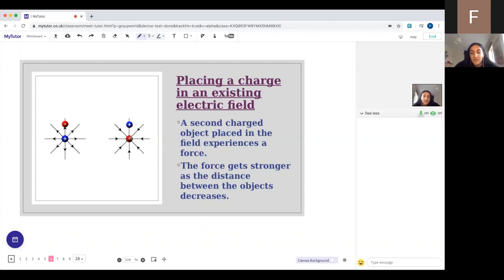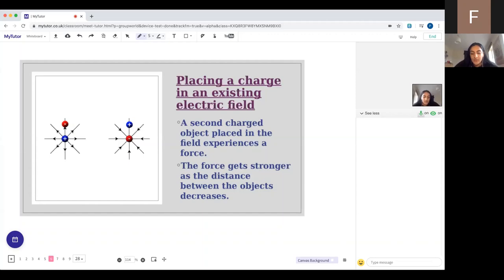If the field is very strong, the charge placed in the field feels a stronger force. So the force is stronger as the distance between the two charges decreases. Okay, so this is all about placing a charge in an existing electric field and the force that charge feels because of it.